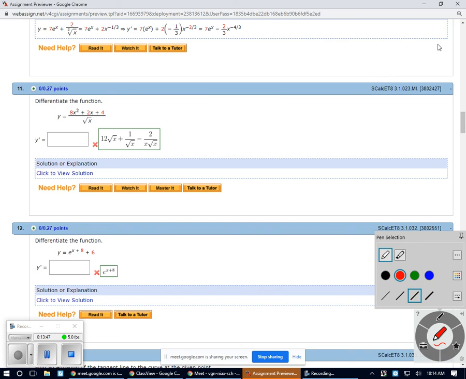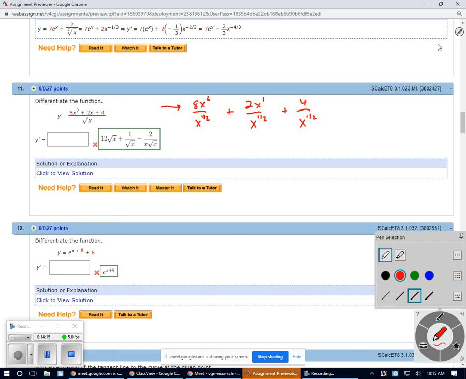Okay, so again, we have a rule for division that we don't know yet. So I'm going to algebraically rewrite this as 8x to the 2 over x to the 1/2 plus 2x to the 1 over x to the 1/2 plus 4 over x to the 1/2. Remember that when you have the same denominator, you can split it up.